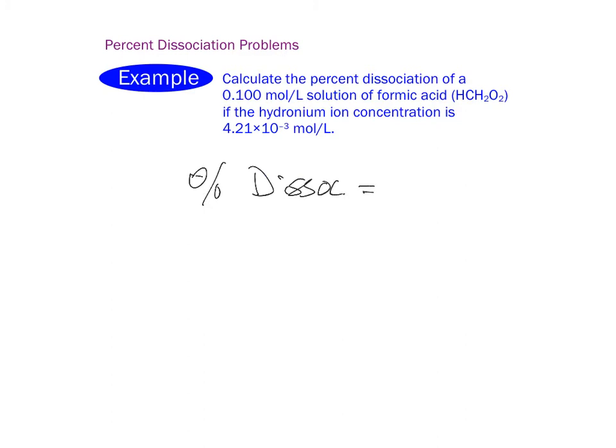It's just going to be 4.21 times 10 to the negative 3 divided by 0.1 times 100. So if you go ahead and do that, what you're going to find is the percent dissociation is 4.21%. That's the percent that dissociates.